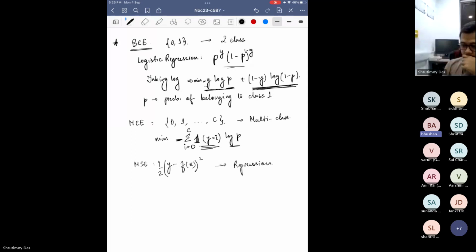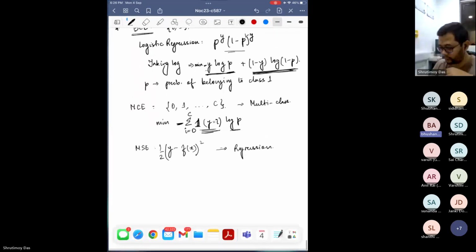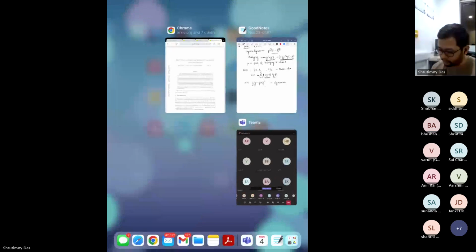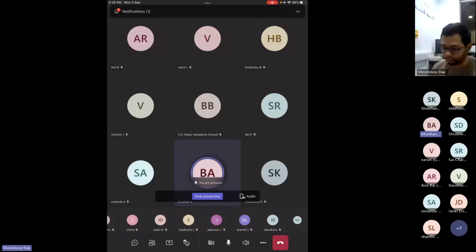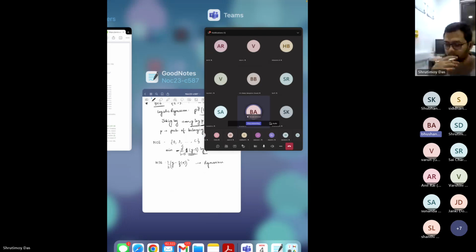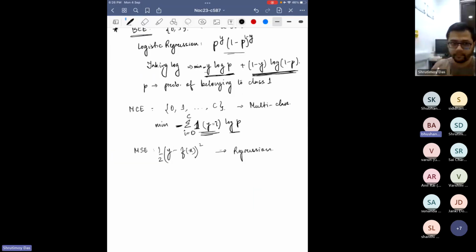Many a time there is some confusion about how you decide how many layers you are going to have, and how you decide how many neurons you are going to have in each layer. Are there any thumb rules, some guidance, or what is it?